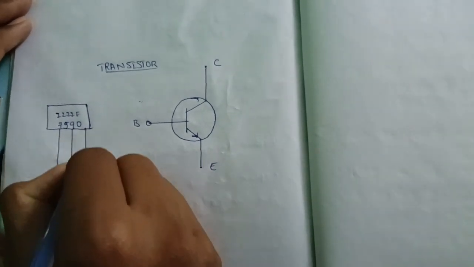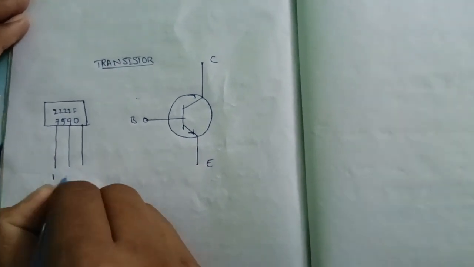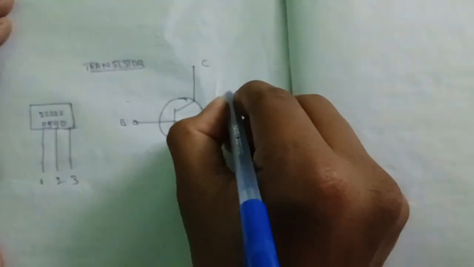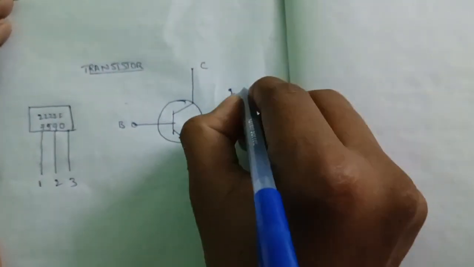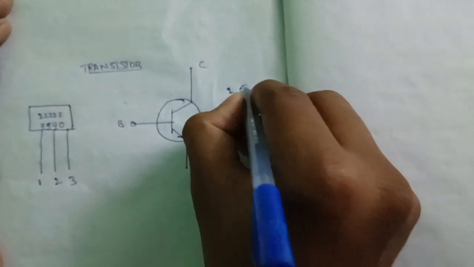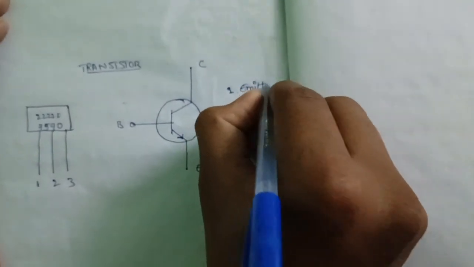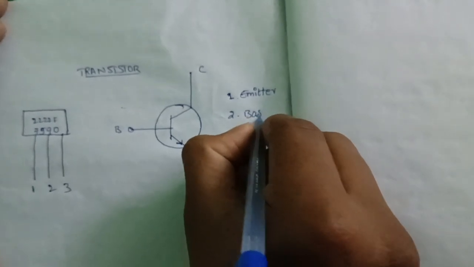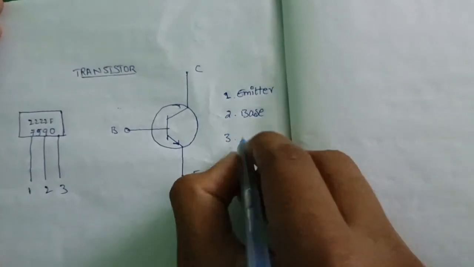It has three terminals. One is base, one is collector, another one is the emitter. One is emitter, second one is base, third one is collector.